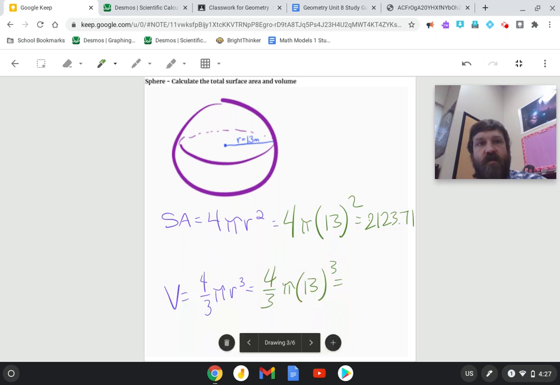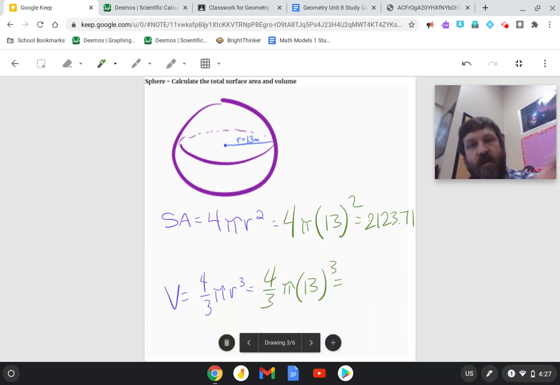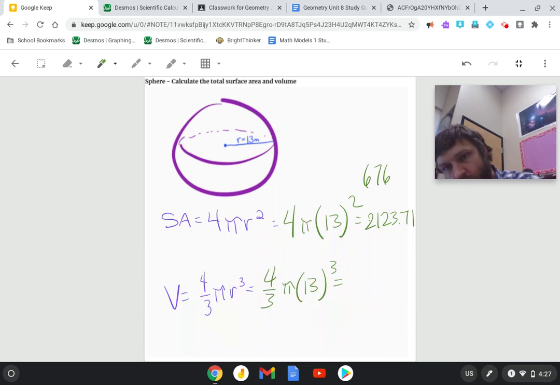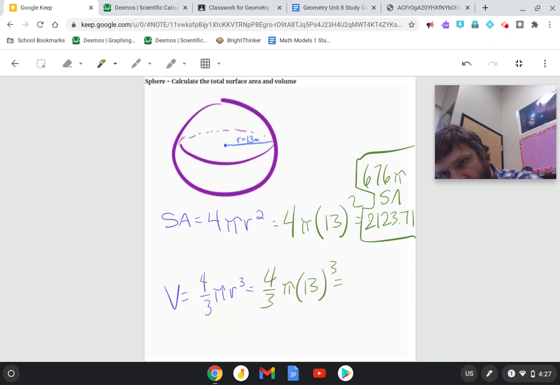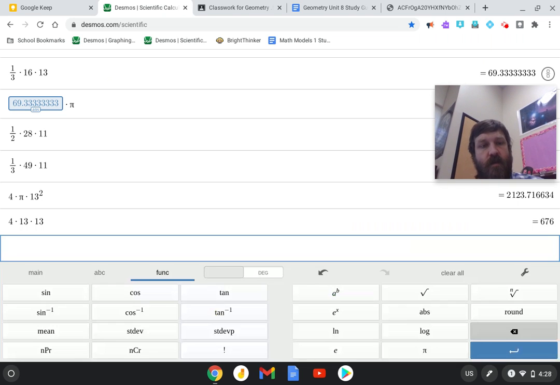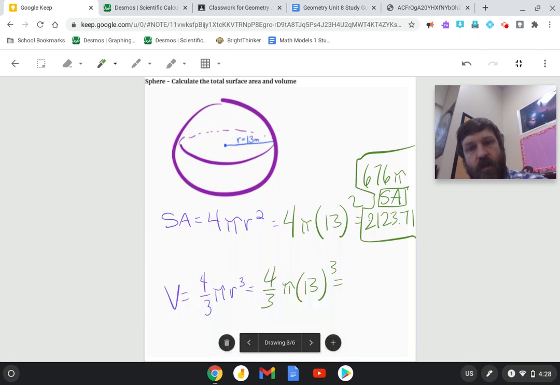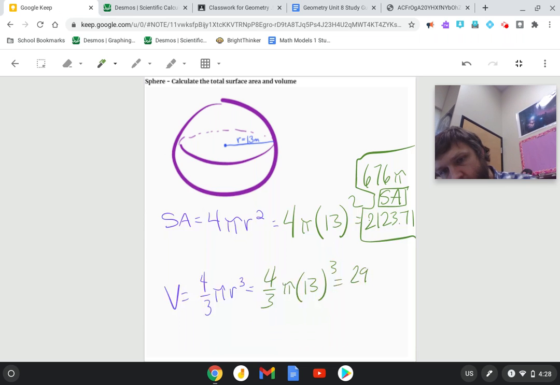That's also the same as 676 pi. So either one of those works for the surface area of that. And then for the volume, 4/3 times 13 raised to the third power, 2929.33 pi.